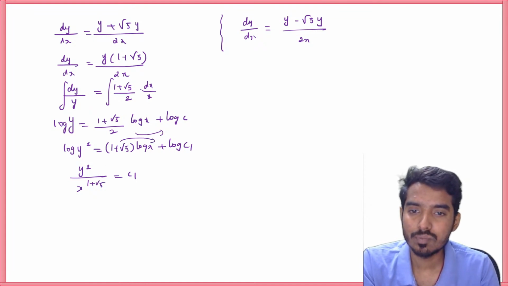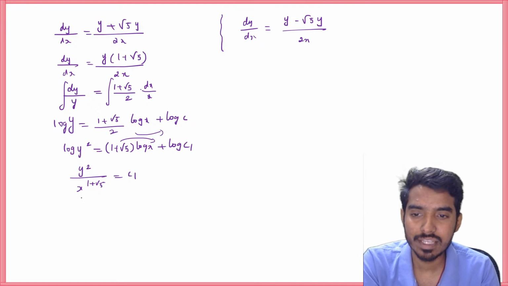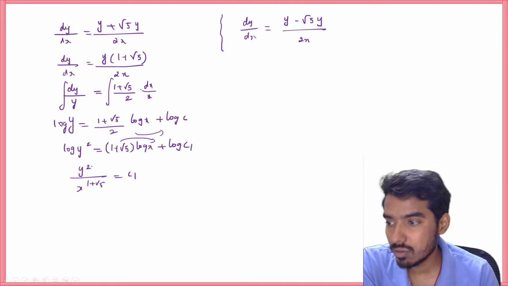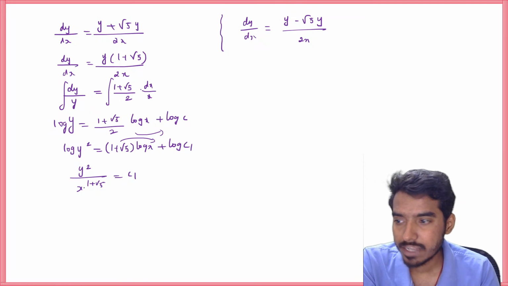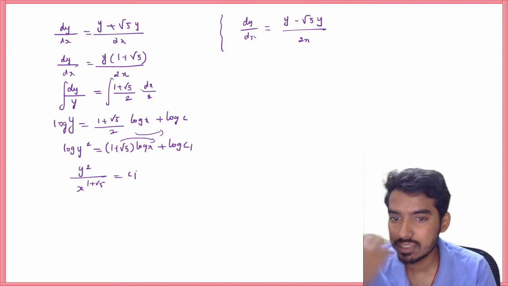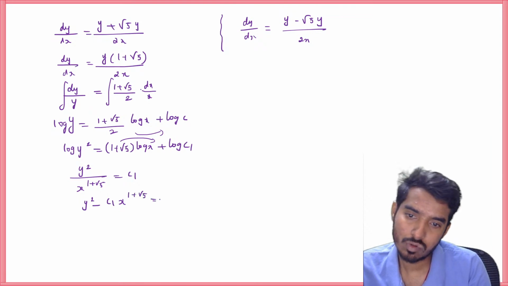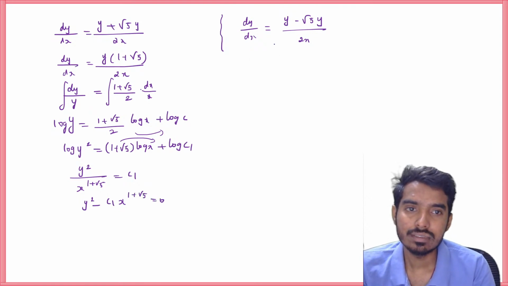You just have to take this to the power. So we have y square divided by x power 1 plus root 5 equal to some constant c1. Or you can also write this as y square minus x power 1 plus root 5 minus c1. This is one solution.